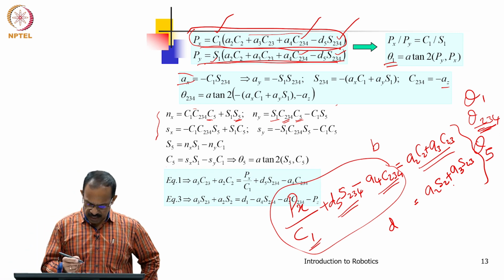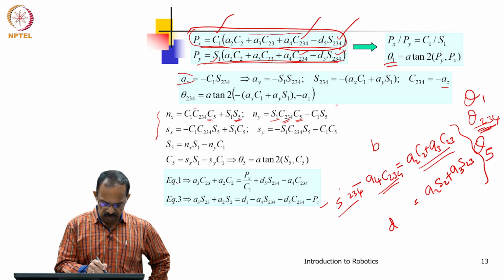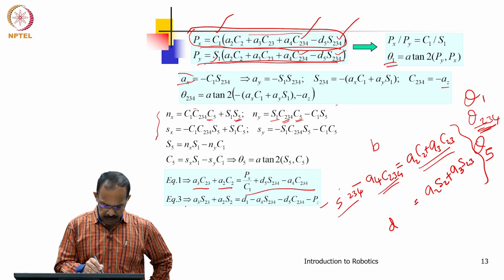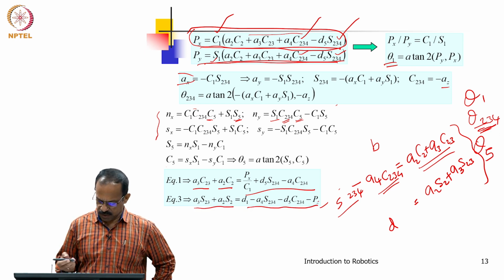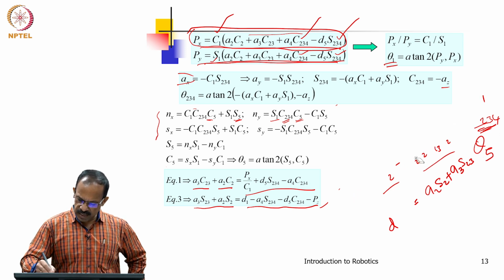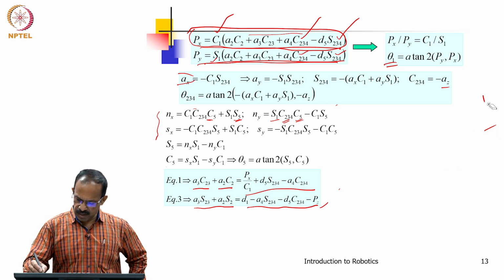So, equation 1 gives A 3 C 2 3 plus A 2 C 2 is equal to this one, and equation 3 gives A 3 S 2 3 plus A 2 S 2 is equal to this one. So, we get these two relationships, and now you can see that they are actually falling in a standard form, the standard equation that we discussed earlier.